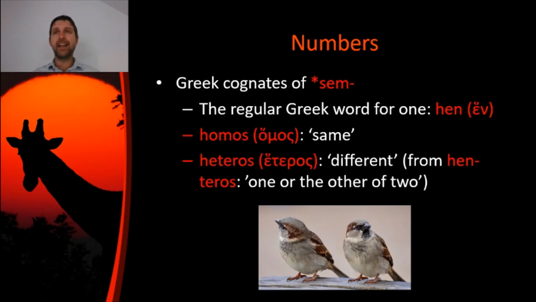So if you were going to say something in English like one thing is like this, but the other thing is like that, in Greek you would say the heteros thing is like this and the heteros thing is like that. You would use them for one and the other in English, if that makes sense. So heteros was an interesting word in Greek that basically means other, but it's a little deeper than that, and that helps us to understand how heteros comes from henteros, which ultimately comes from the root sem.